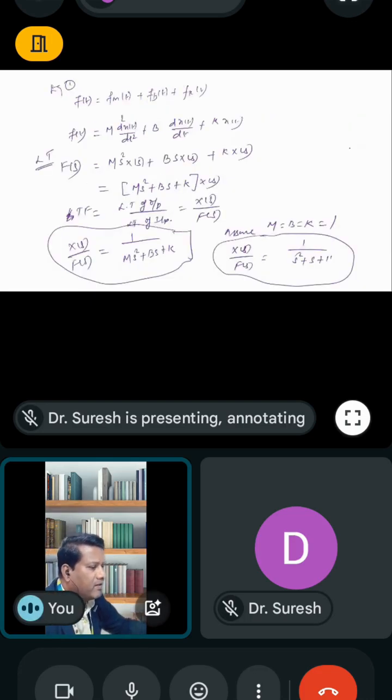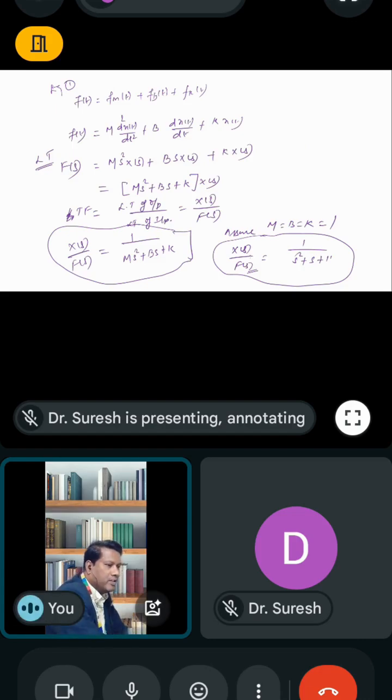So by giving various inputs to the system, we can analyze the output variation. This is the major advantage of finding the mathematical model for analysis purposes.